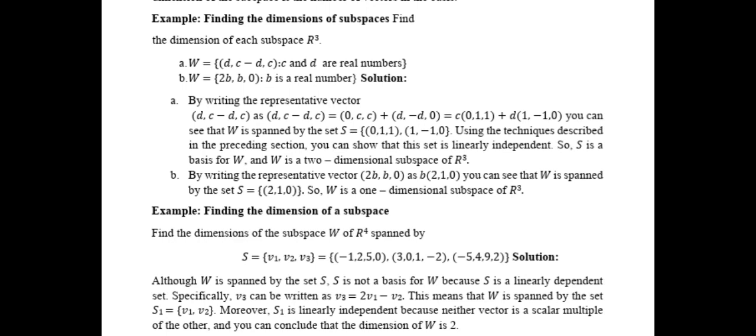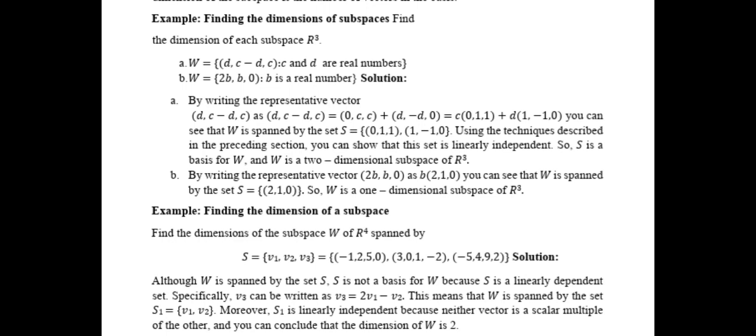Solution: A. By writing the representative vector (d, c - d, c) as (d, c - d, c) = (0, c, c) + (d, -d, 0) = c(0, 1, 1) + d(1, -1, 0), you can see that W is spanned by the set S = {(0, 1, 1), (1, -1, 0)}.